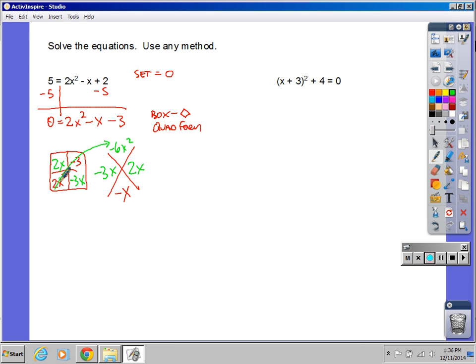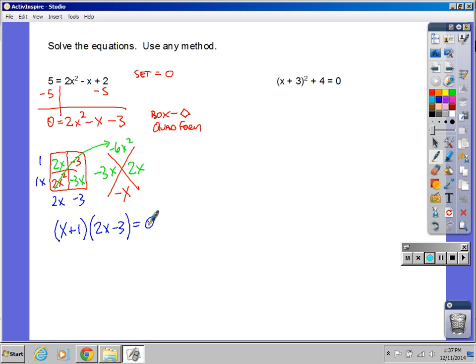And then I try to think about the outside of my box, which is going to end up being 2x and 1x. Think ahead because 2 is even, I want to put it in the same row as the even 2 up here. That gives me a 1. And then 1 is odd, so I keep it here. That's negative 3. So the whole purpose of that is to factor this into two factors. I have x plus 1, and I have 2x minus 3 equals 0.